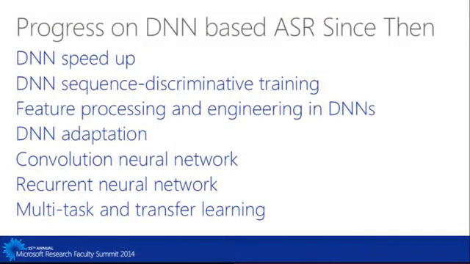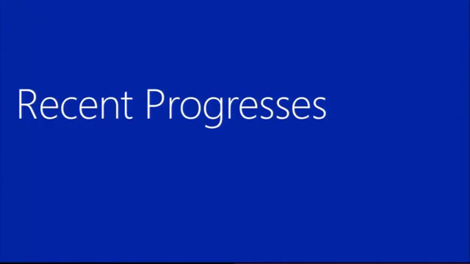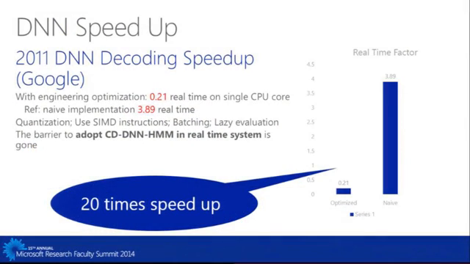Since then, a lot of work has been done to further improve deep learning systems for speech recognition, and I will go through some of those improvements I think are most relevant. The first thing we want to improve is the decoding speed, because otherwise you cannot use this in real-time systems.